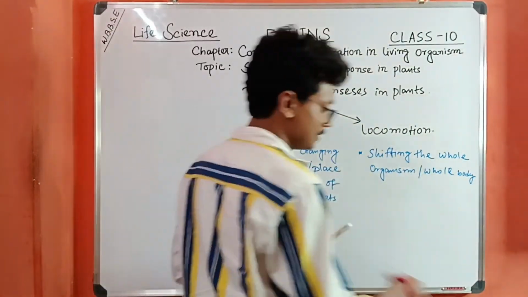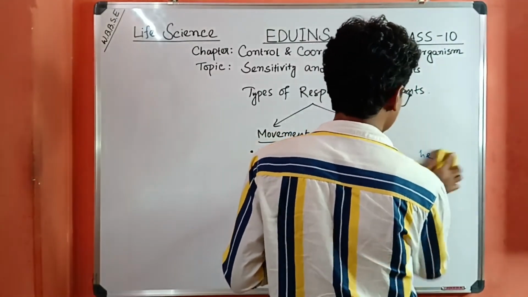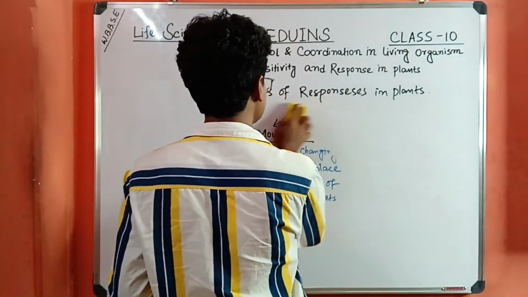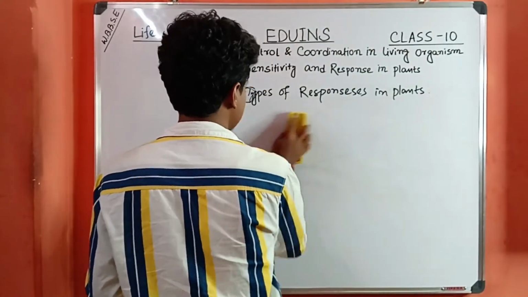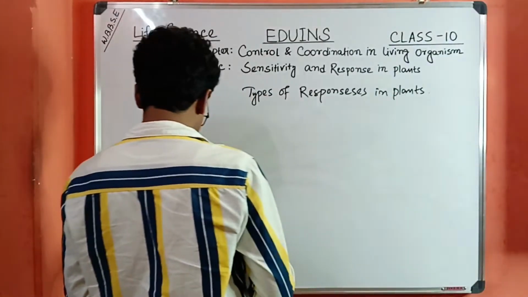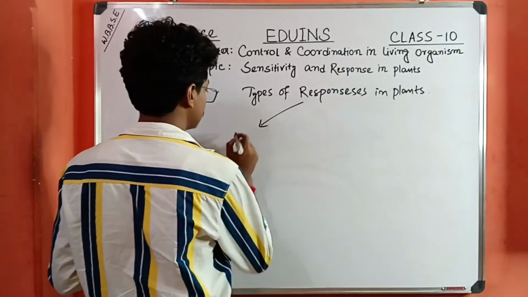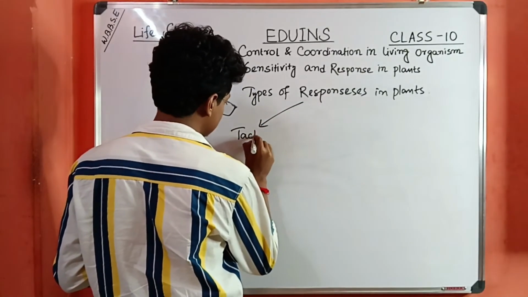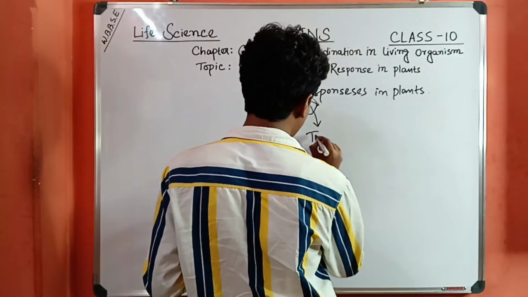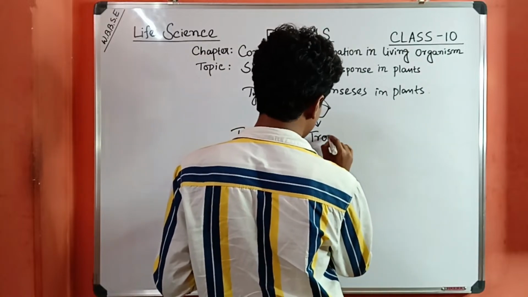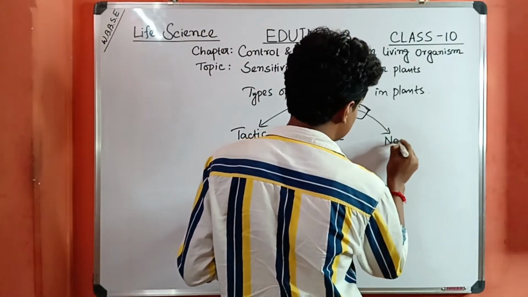So in plants, there are three types of movement we can observe. Number one is tactic. Number two is trophic. And number three is nastic.